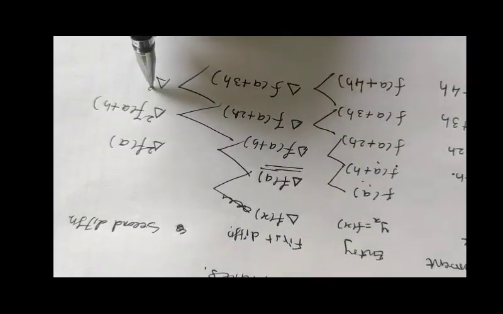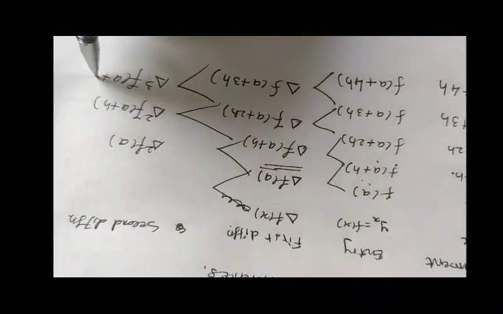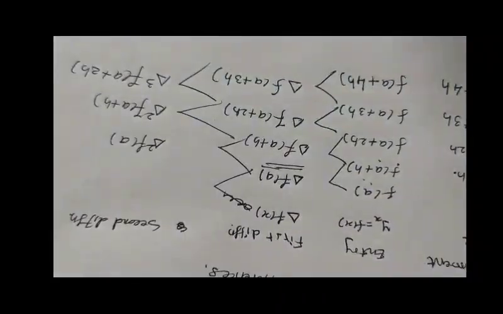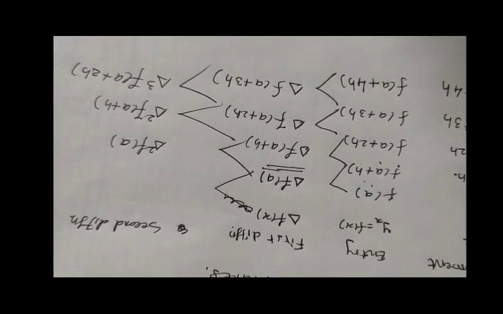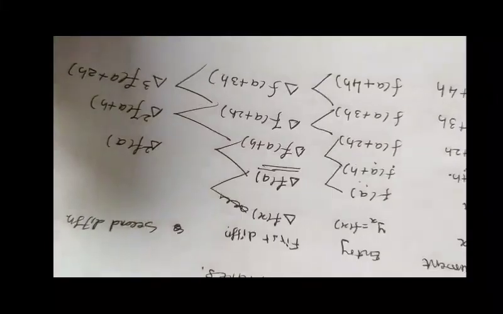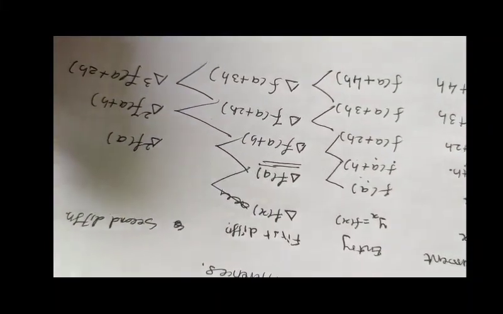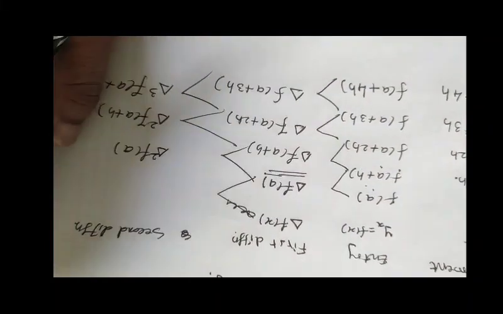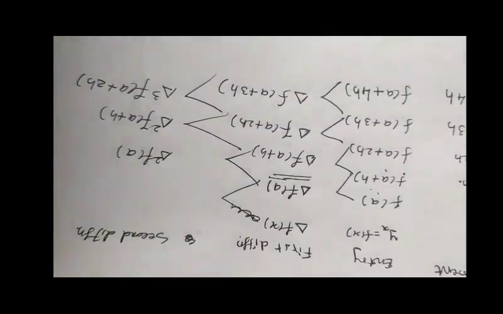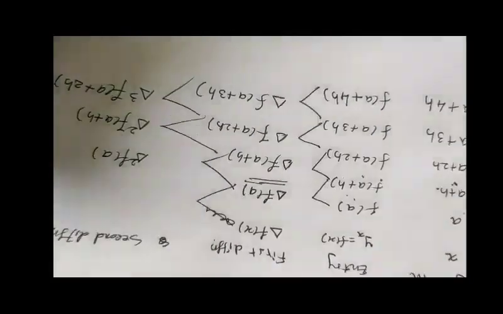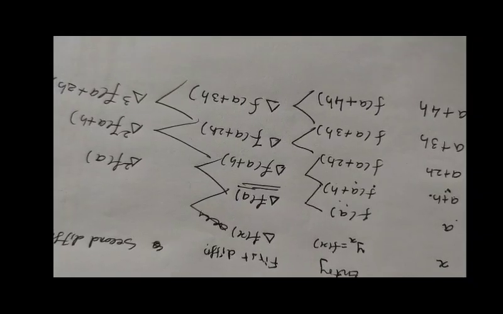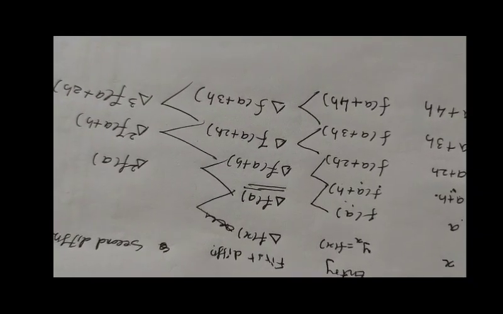The difference between these is delta square f of a plus 2h. Next is the third difference. Similarly we can define the third difference, fourth difference, fifth difference, and so many differences.